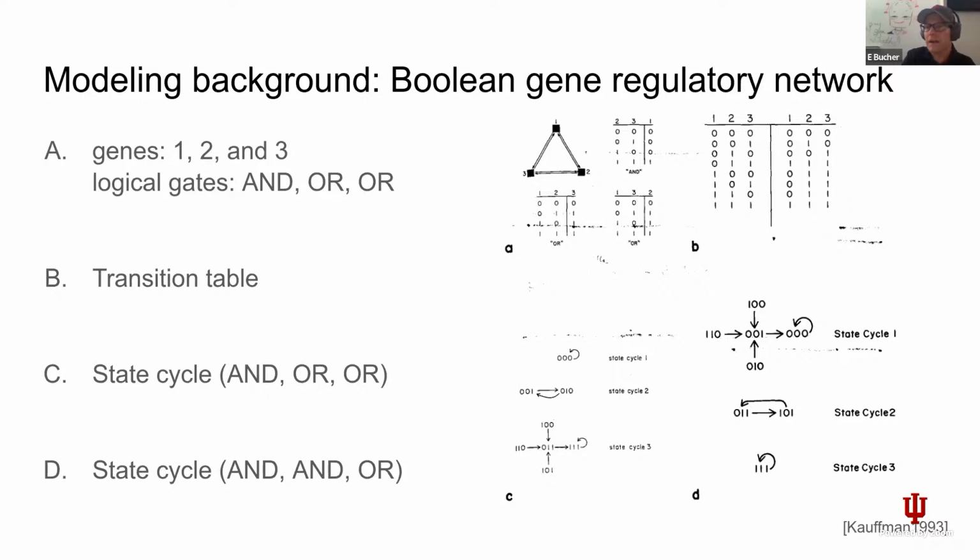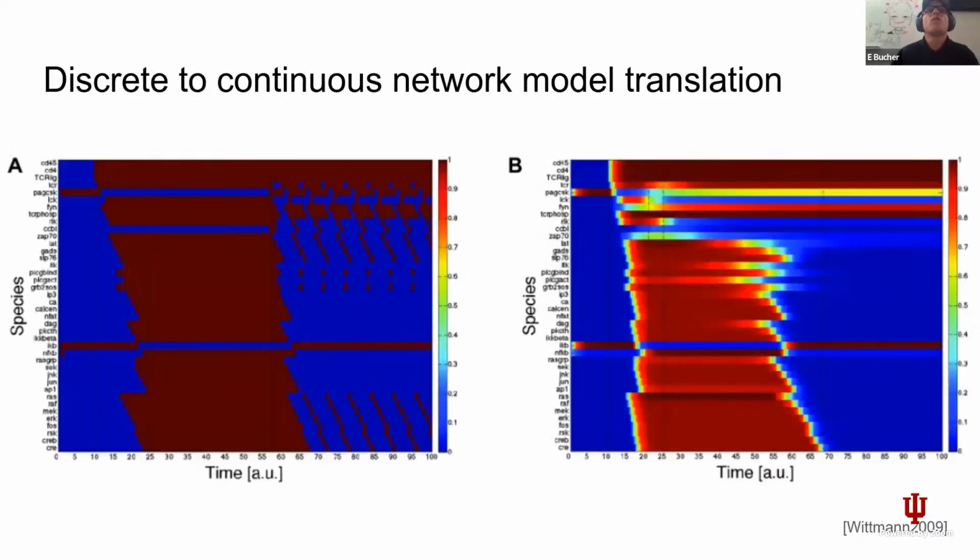This is not how biology really works, because in biology you have regulation that goes on different time scales. Some of them are very fast and some of them are slow. So you can end up with artificial periodicity, right? It is off, then it's on, then it's off, then it's on. When you relax the whole model and translate it into a continuous model, you see that we lose this periodicity, for example.